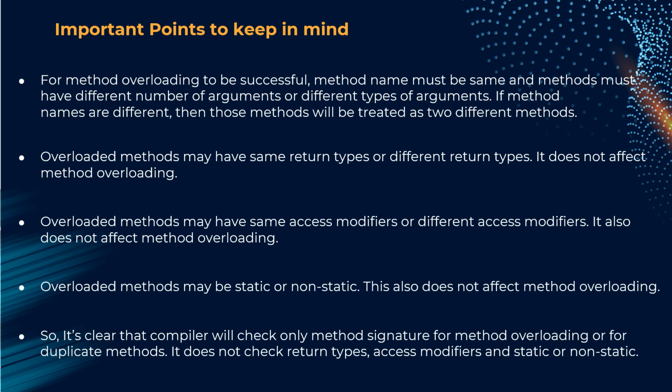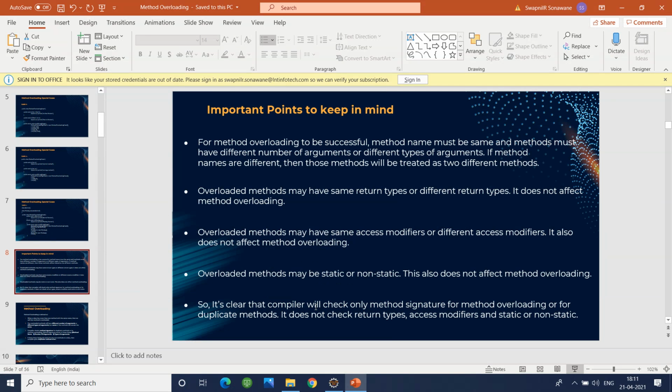But if the method names are different, then obviously those will be treated as different methods. Then, overloaded methods may have the same return types or different return types. It doesn't matter in overloading, as we can see from these examples.